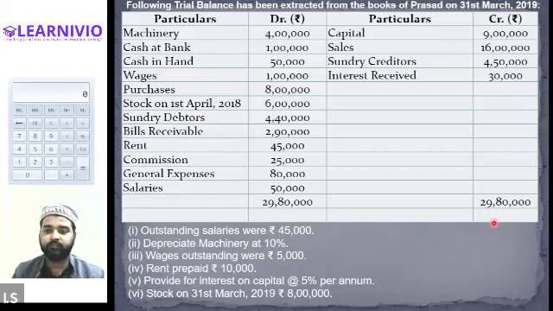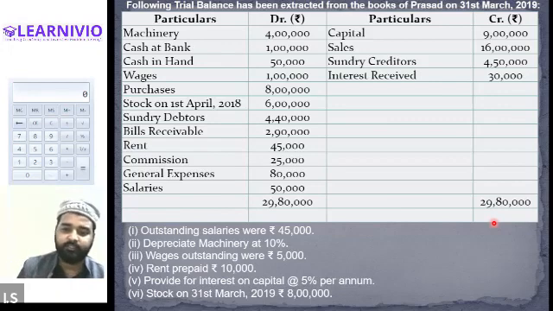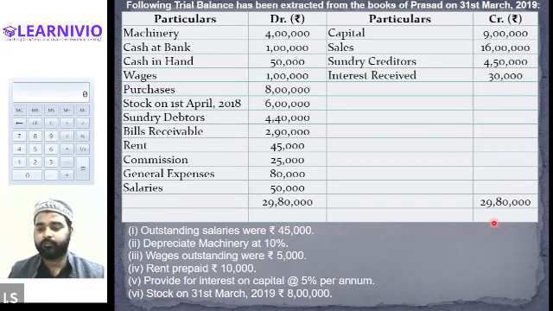Out of 9,25,000, we will reduce the amount of rent. That will be 45 minus 10, 35,000. Then 25,000. And for general expenses 80,000. And salaries will be 95,000. Then we have depreciation and interest 45. So I think the correct answer should be 6,05,000. Hamad, you are getting 6,05,000? Yes, okay. All right, guys.